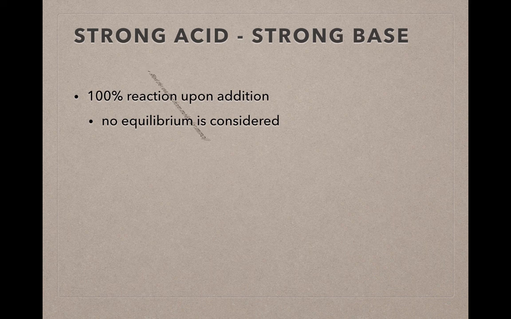Now, when we do this type of titration, we really like to work the reaction from the standpoint of moles. Or more often, what we're going to do in class is work it from the standpoint of millimoles. And a millimole is just a 1,000th of a mole. We know that if we take liters times concentration, we get moles. If we take milliliters times concentration, we get millimoles.